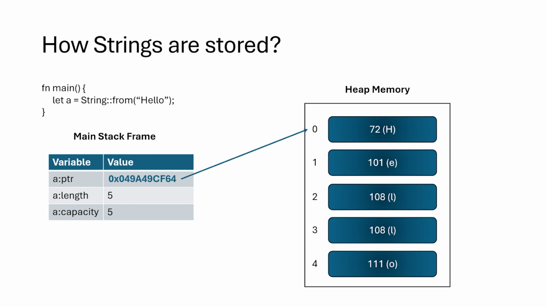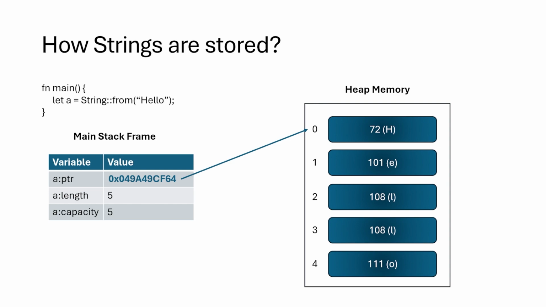Now, how is it stored? We kind of explained it just a moment ago, but because it's a collection of unsigned 8-bit integers, you can see in the heap memory on the right hand side, I've shown you the byte code for an individual character.